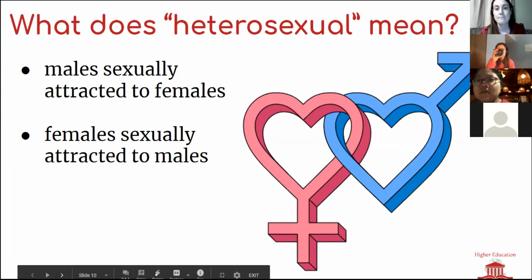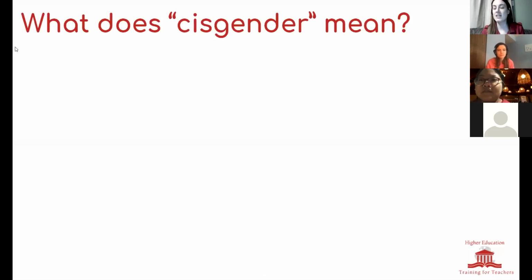Okay. What does cisgender mean? Does anyone know? You can put it in the chat box. Does anyone remember last week when we talked about gender equality?